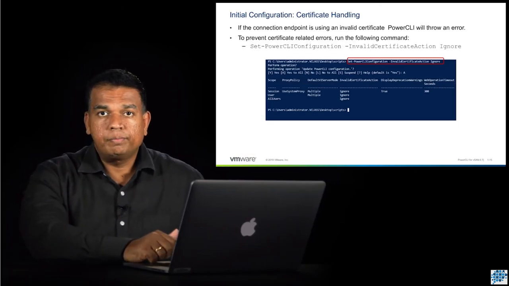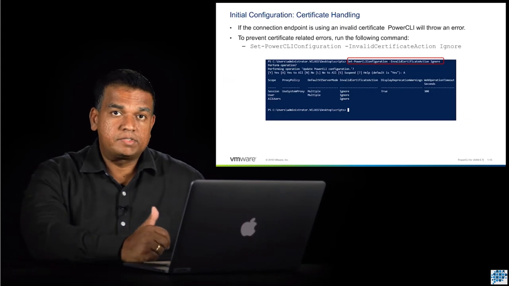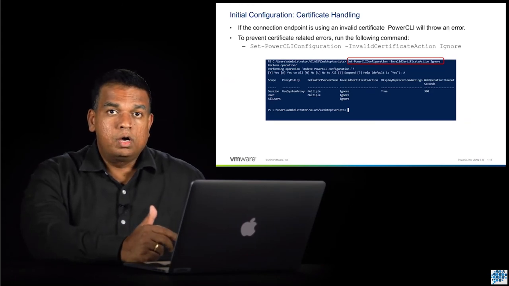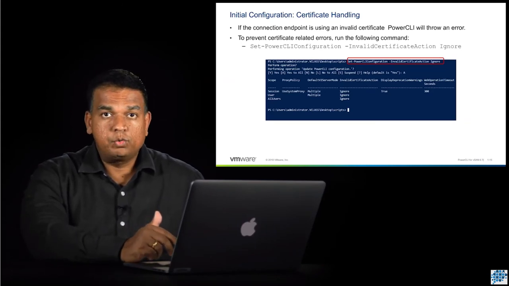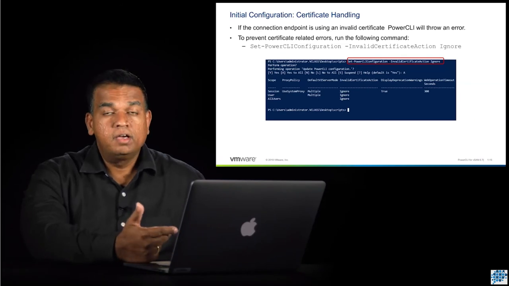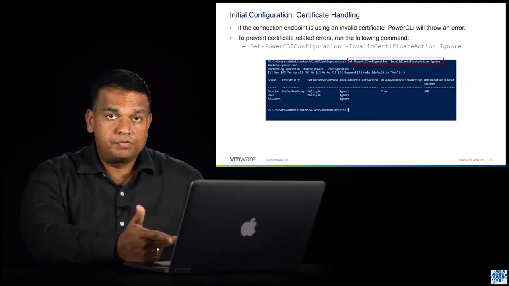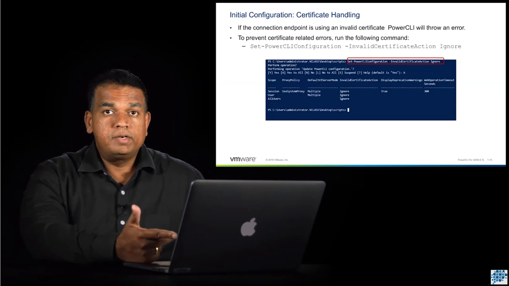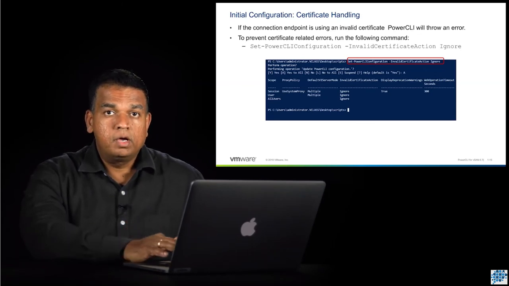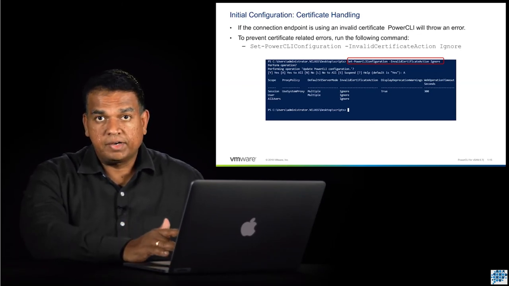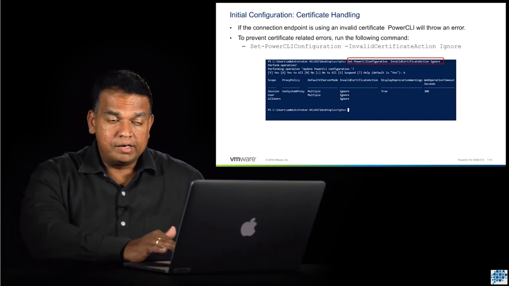Starting with one of the recent releases of PowerCLI, the certificate handling has been slightly changed. So when you try to use PowerCLI to connect to vCenter or ESXi, it might give you a certificate related error. To prevent this issue from happening, you might need to change the certificate handling by using the cmdlet shown here.